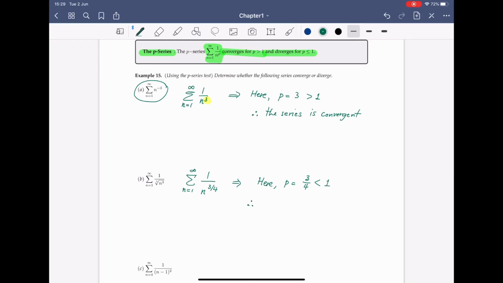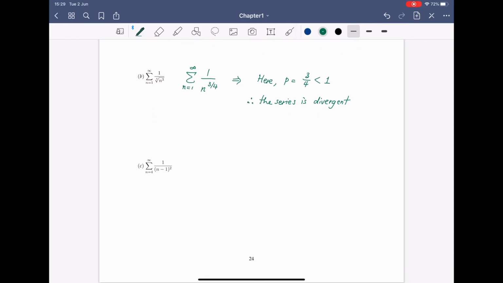So it means the series is divergent. Right, easy like that. All right, the last one, let's look at summation of 1 over (n minus 1) square, n equal to 4 to infinity.